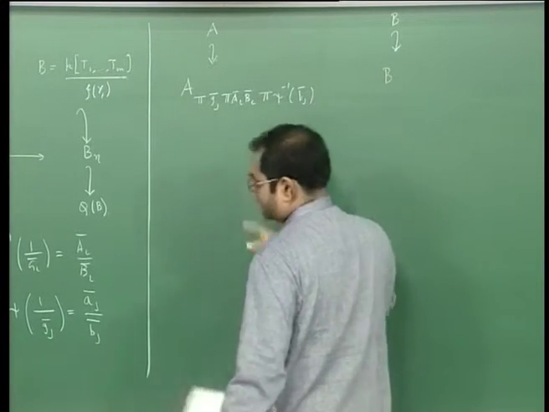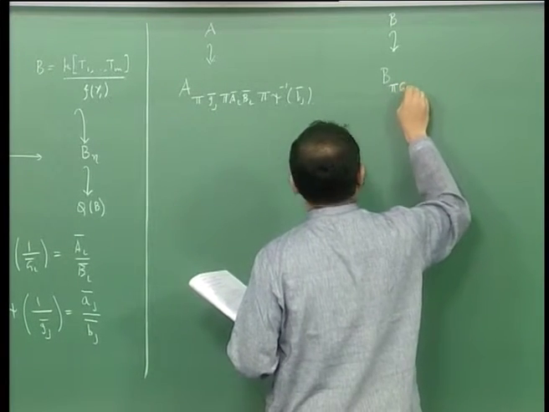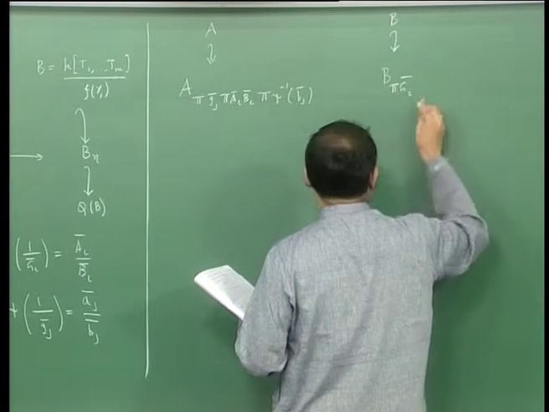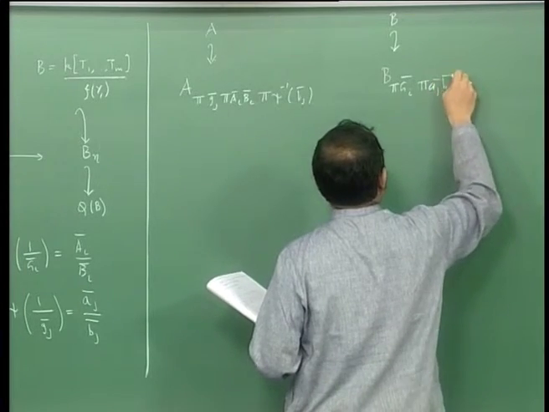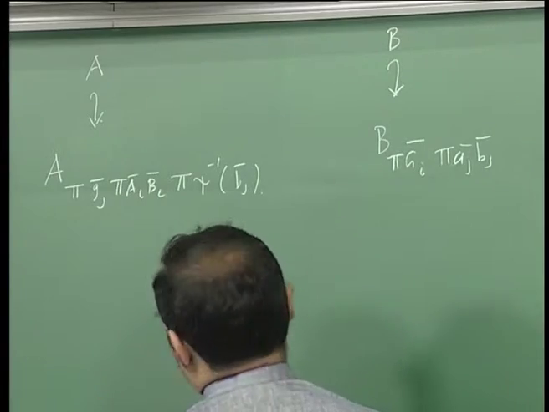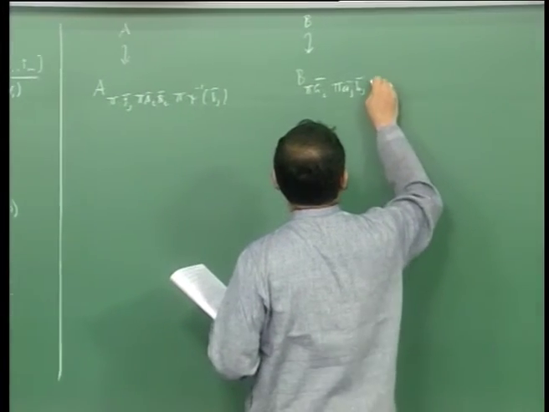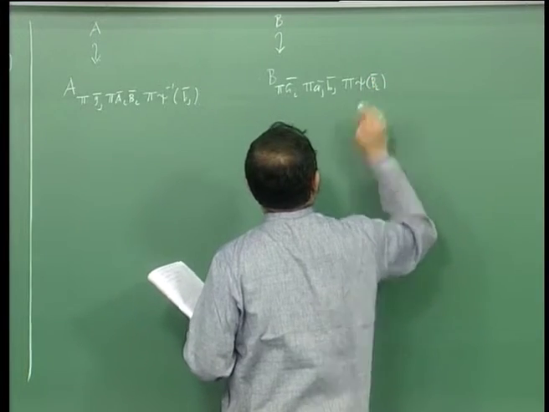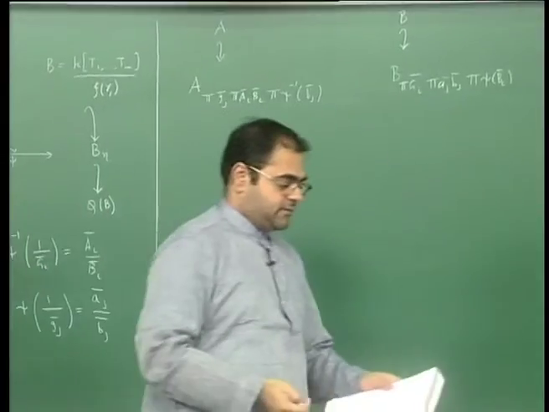In this localization you take the product of capital Gi bar, the product of Aj bar Bj bar, and I think you will also have to take the product of psi of capital Bi bar.